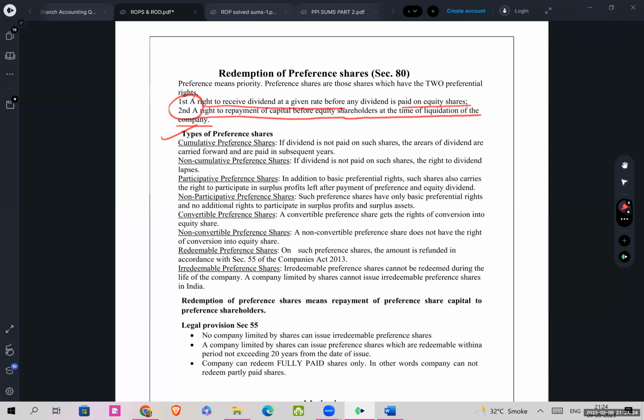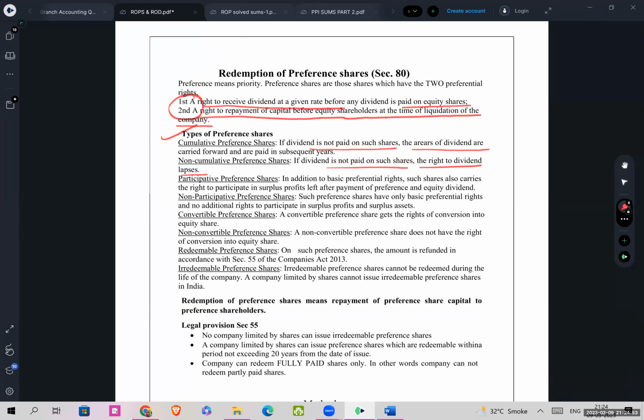We speak about the cumulative preference shares and the non-cumulative preference shares. Cumulative preference shares are those on which, if dividend is not paid, the arrears of dividend are carried forward and paid in the subsequent years. Whereas in non-cumulative preference shares, if dividend is not paid, the right to dividend lapses.